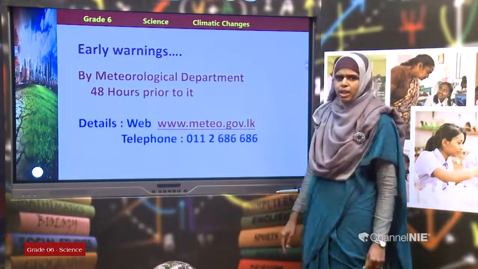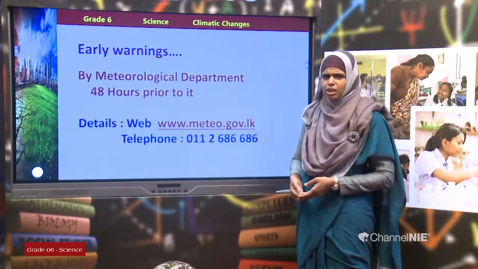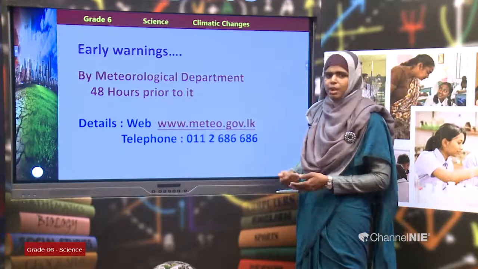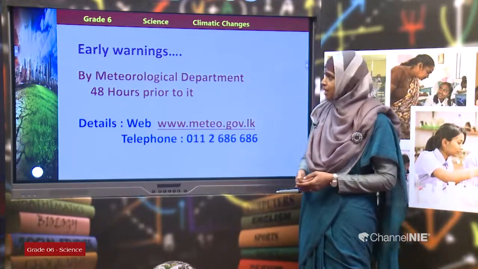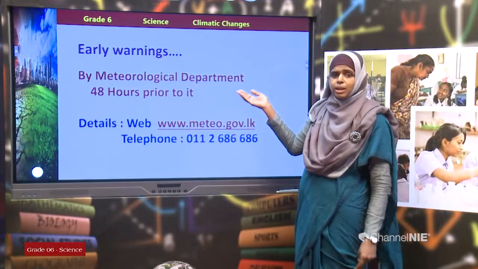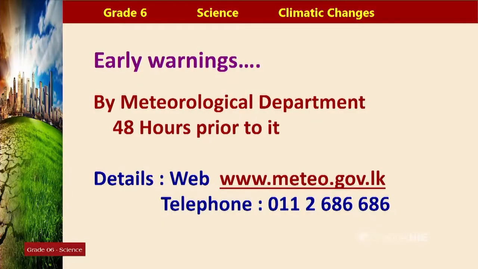The early warnings of cyclones. If someone would tell us that a cyclone would occur, we can avoid it, isn't it, children? We can be safe. We can be at a safer place, right? So, early warnings are given by the meteorological department. Normally, they give warnings, children, 48 hours prior to a cyclone.